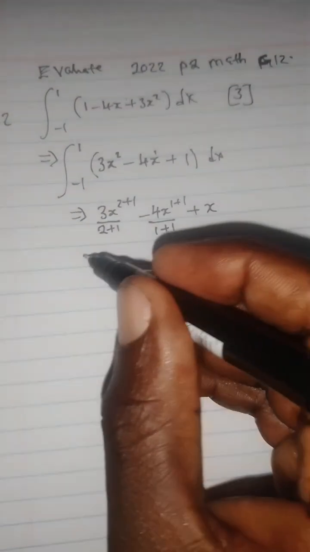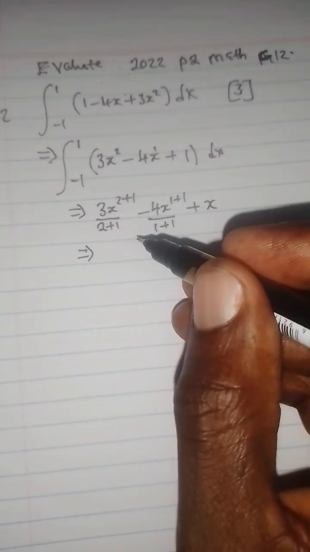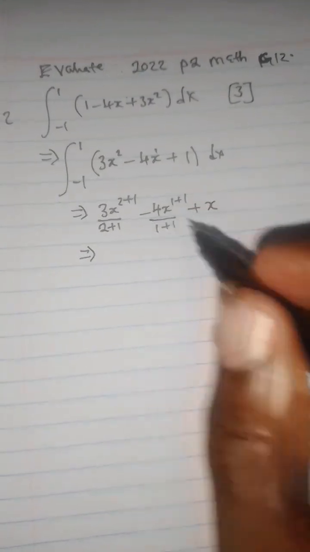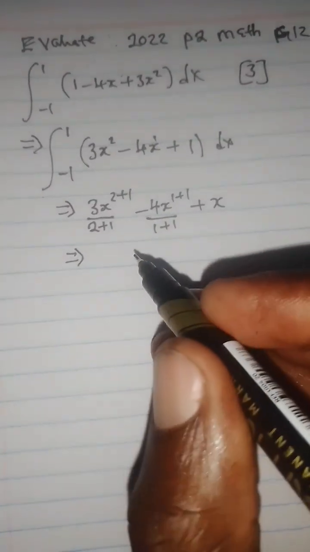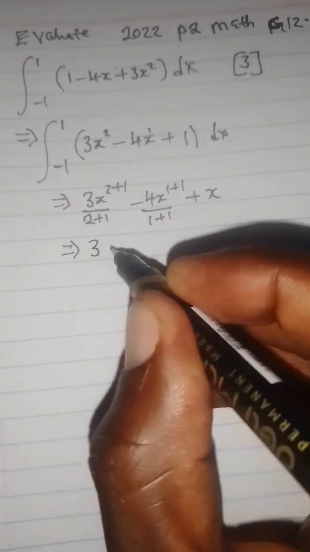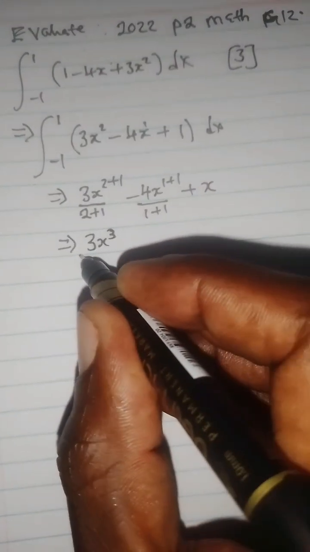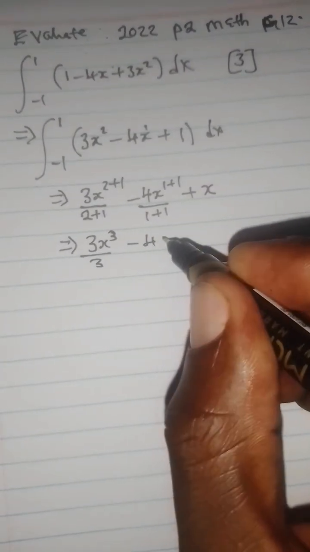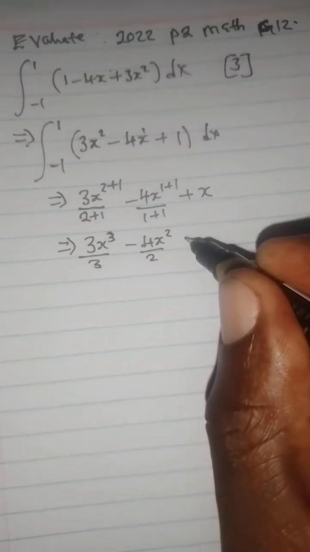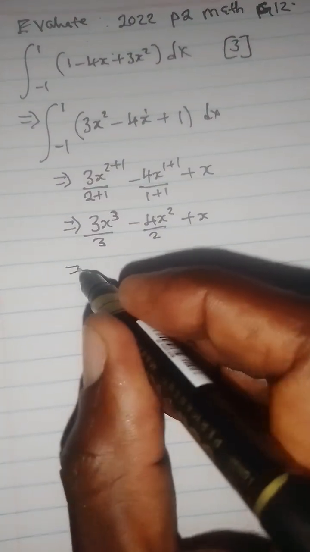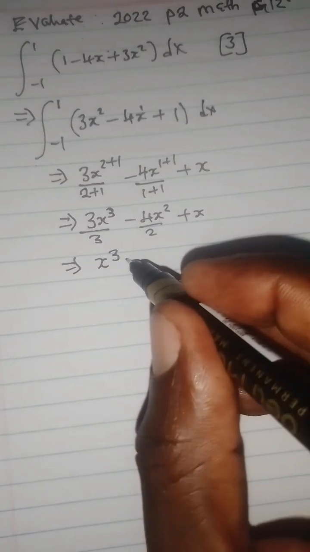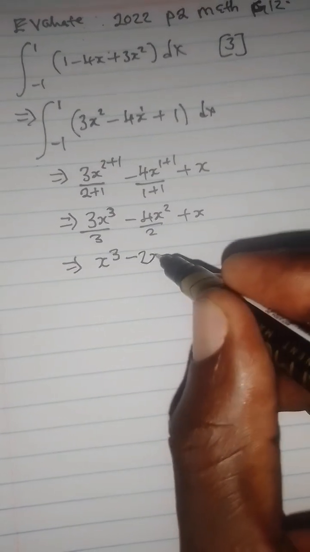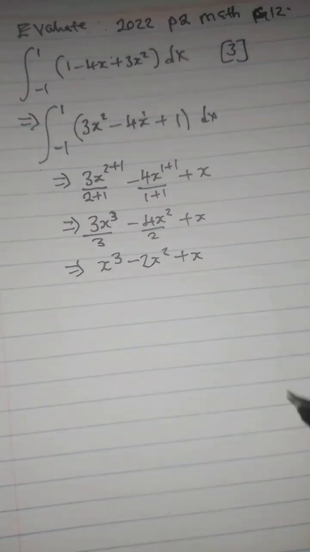Then we go to 3x squared, the power becomes 3, divided by 3, minus 4x to the power 2 over 2, plus x. Now 3 into 3 goes one time, so this remains with x to the power 3. Then 2 into 4 is 2, so 2x to the power 2, plus x.